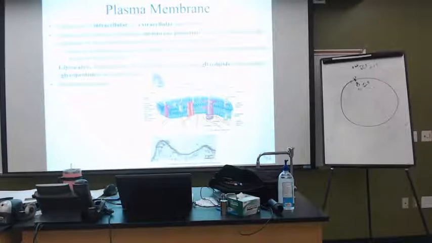The reason that these chains are important is their abilities. They can help with cell communication. If a cell needs to communicate to another cell, they can serve as receptors.